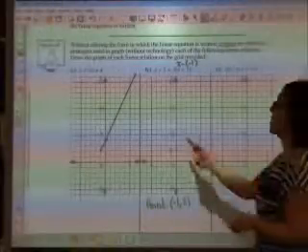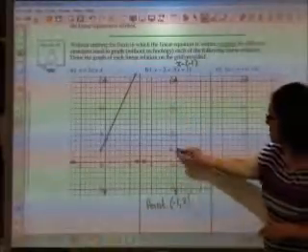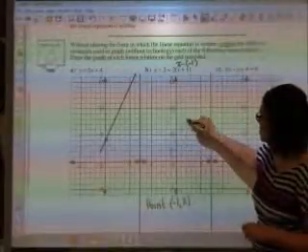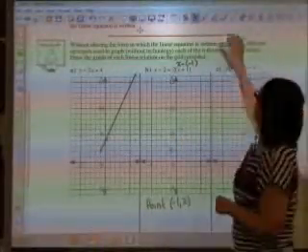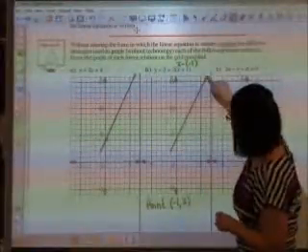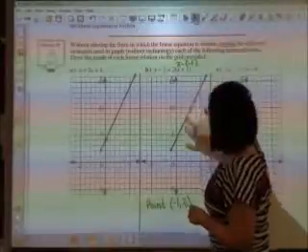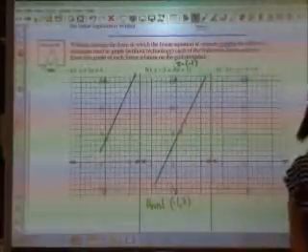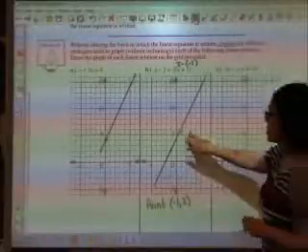Use the slope. Again, the slope is 2. So up 2 over 1, up 2 over 1, up 2 over 1. Use a ruler to draw this as a straight line. And there's my equation.